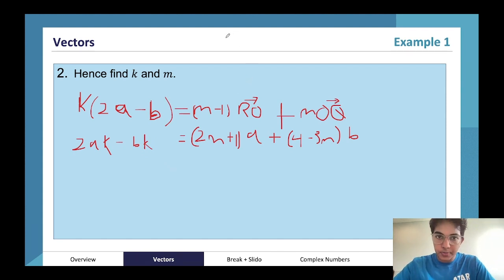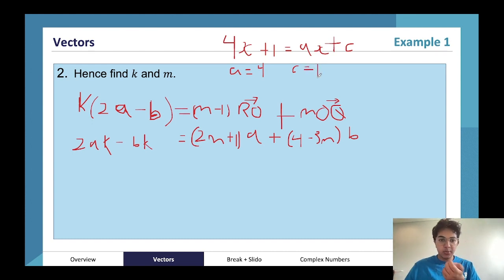So for example, if I have 4x plus 1 is equal to AX plus C, we can infer that A is equal to 4 here and C is equal to 1. So that's basically what I'm going to do with this, just considering the A's and the B's.